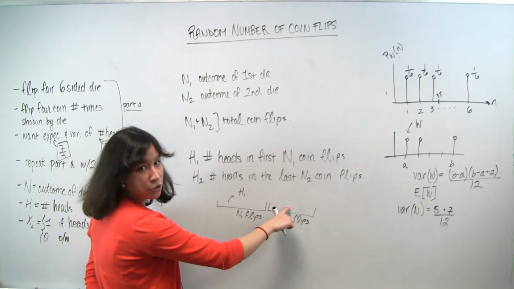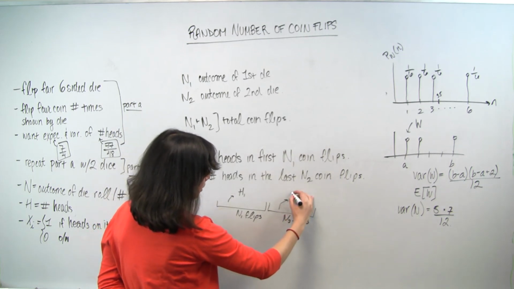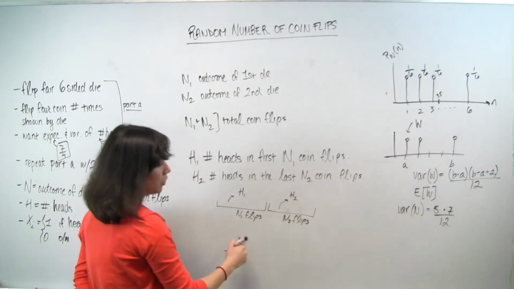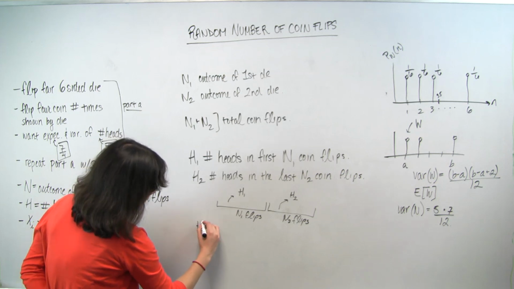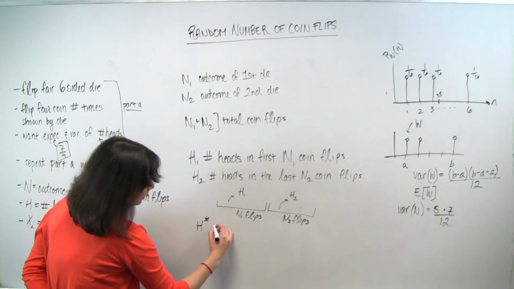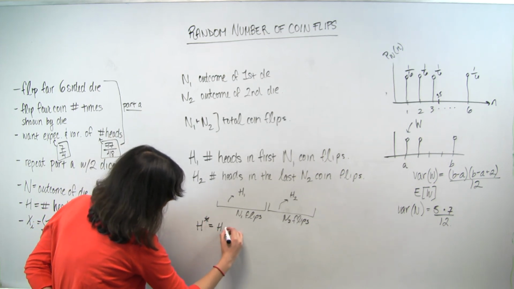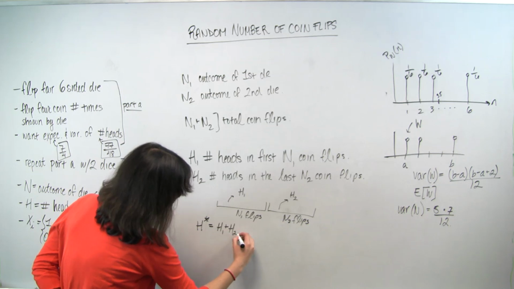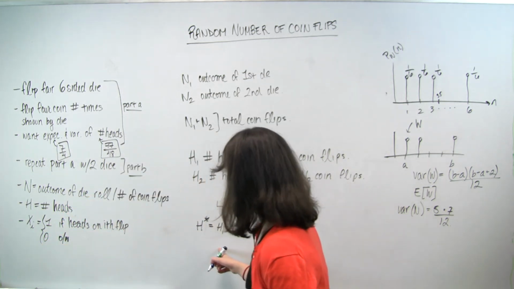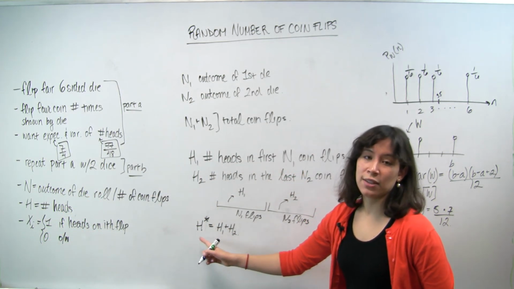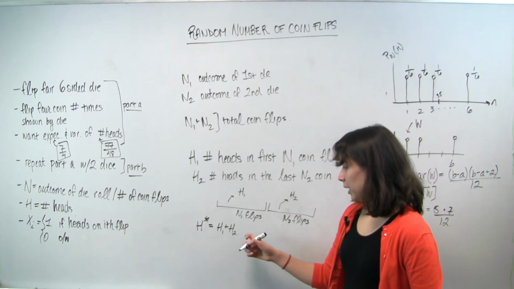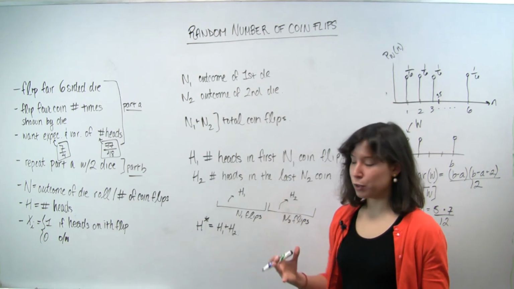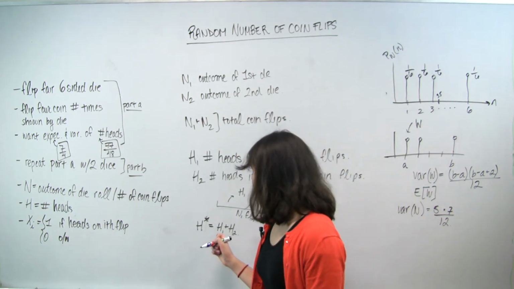And in the last N2 flips, you can get some number of heads, which is H2. So the total number of heads that we get at the end, I'm going to call H star, is equal to H1 plus H2. And what part B is really asking us for is the expectation of H star and the variance of H star. But here's where something really beautiful happens.